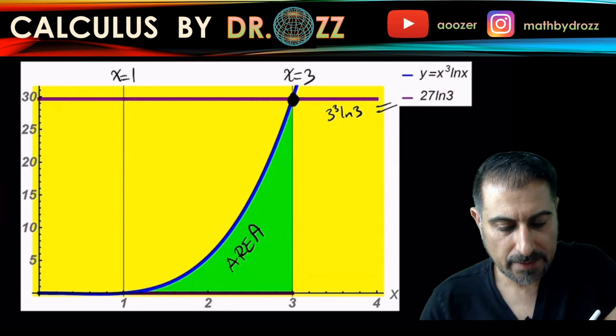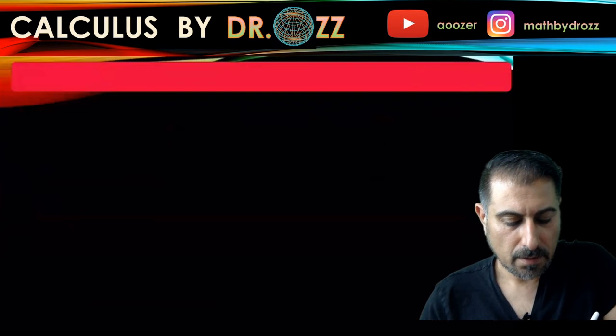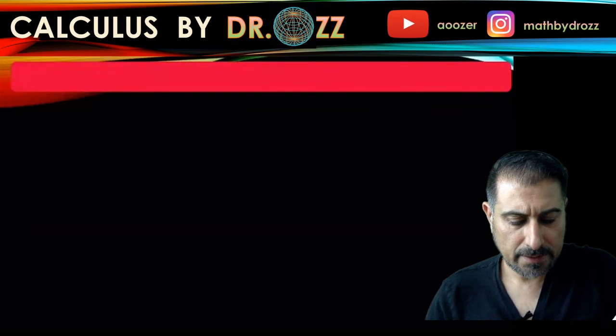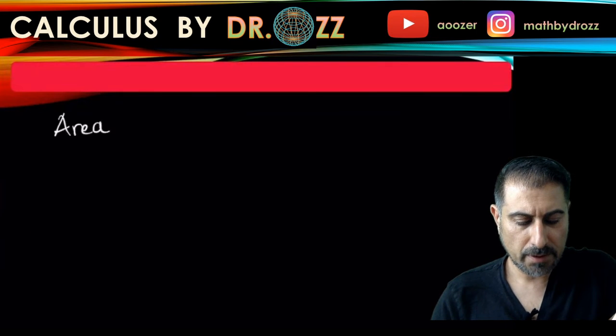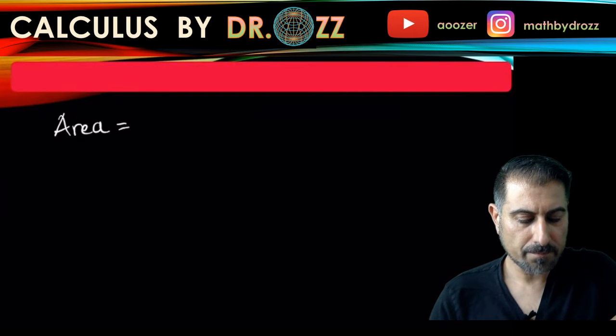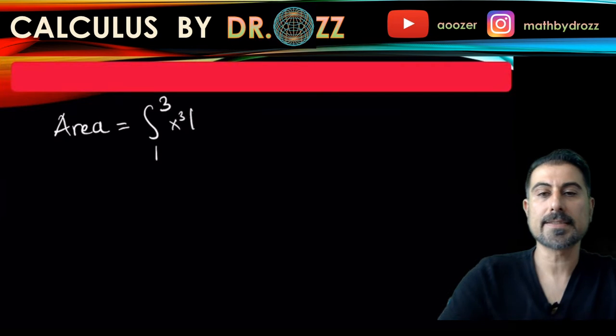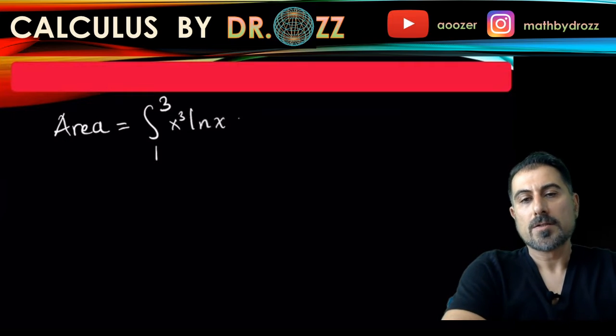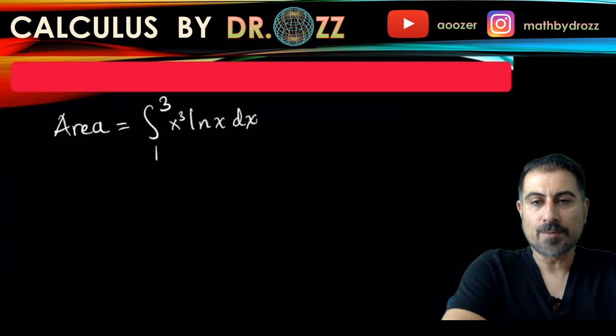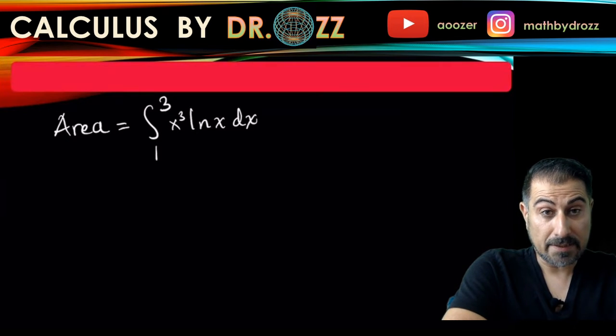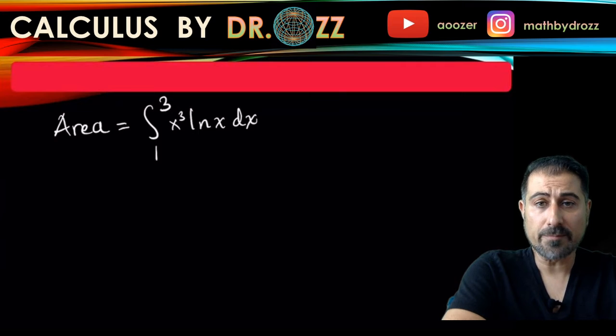So area is equal to the integral from 1 to 3 of x cubed ln x dx. Here in this problem, writing the area formula is not a big deal, but how to evaluate this is a deal.